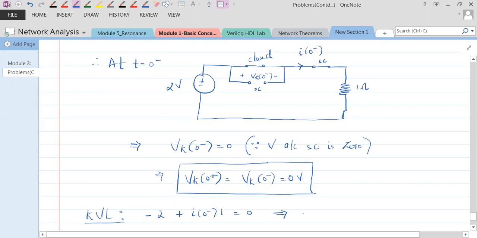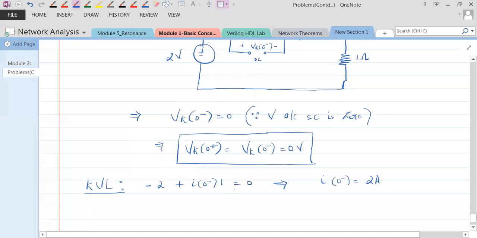So this implies that I of 0 minus is 2 amps. This further implies that I of 0 plus is equal to I of 0 minus, and that's equal to 2 amps. Is this okay with you, everybody?